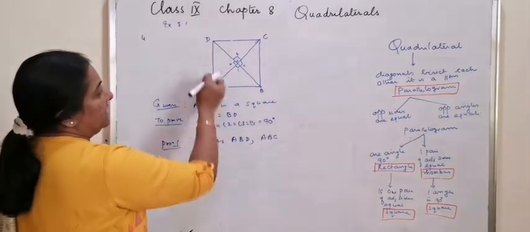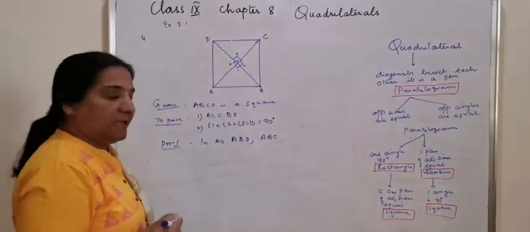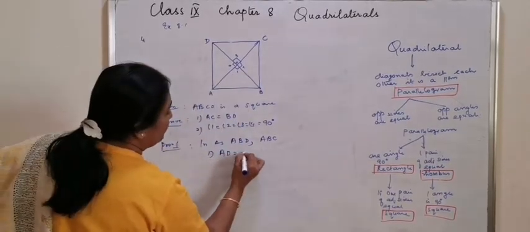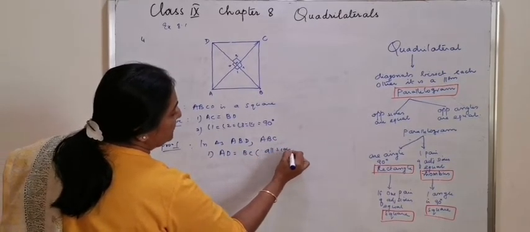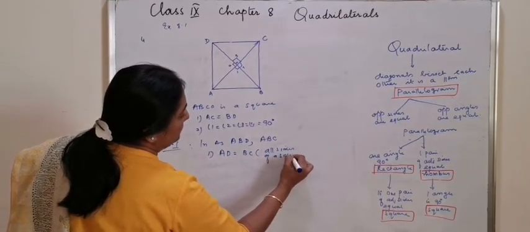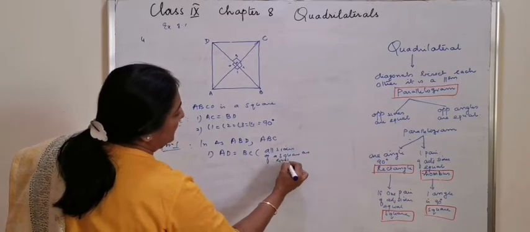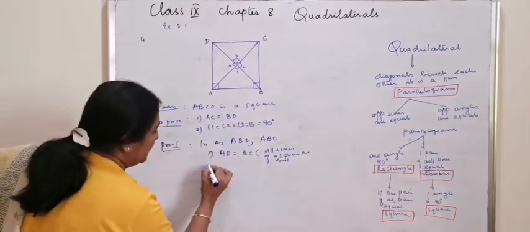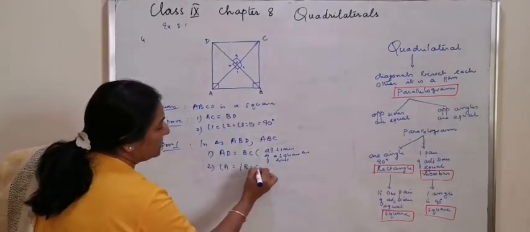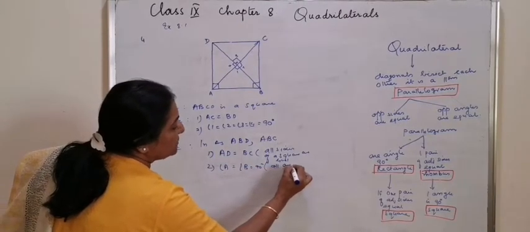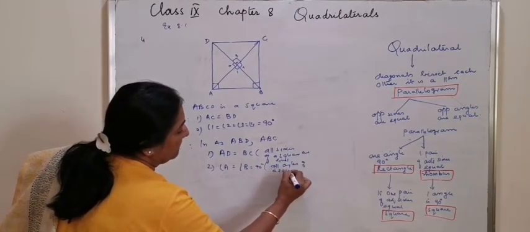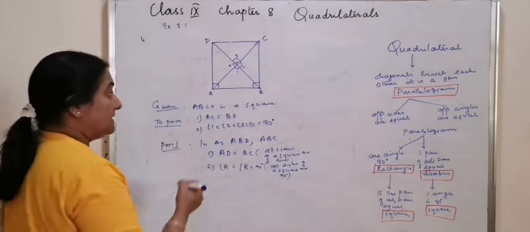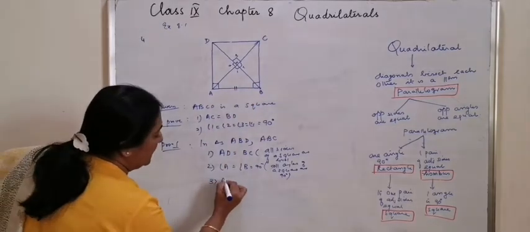In triangles ABD and ABC, AD is equal to BC because all sides of a square are equal, and angle A is equal to angle B is equal to 90 degrees, as all angles of a square are 90 degrees each, and AB is equal to AB, common.